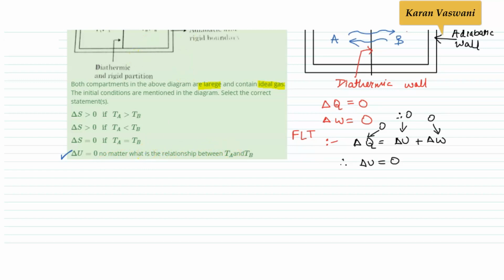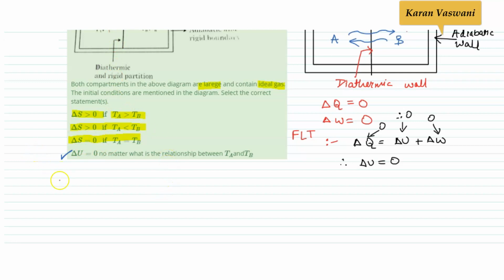Let's check the other options. Delta S is equal to 0 if TA is equal to TB. Delta S is greater than 0 if TA is less than TB. Delta S is greater than 0 if TA is greater than TB. So what is delta S? Delta S is the entropy change.